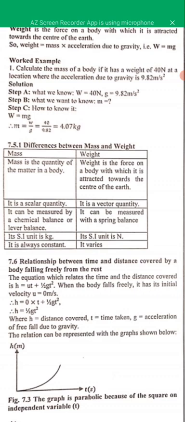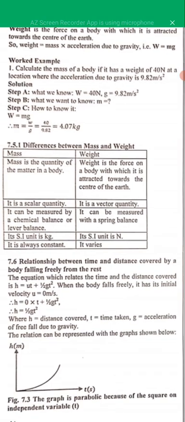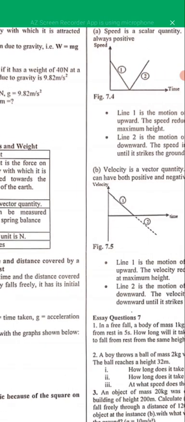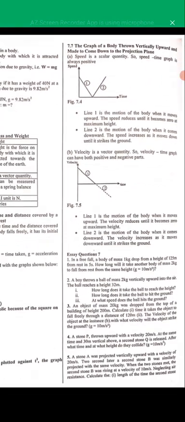Number six, weight varies. Then we can see the relationship between time and distance covered by a body falling freely from rest. Still from the same equations of gravity we have been using, these equations have been derived. We also see the graph of a body thrown vertically upward and made to come down to the projection plane. So these are cases with their respective formulas.